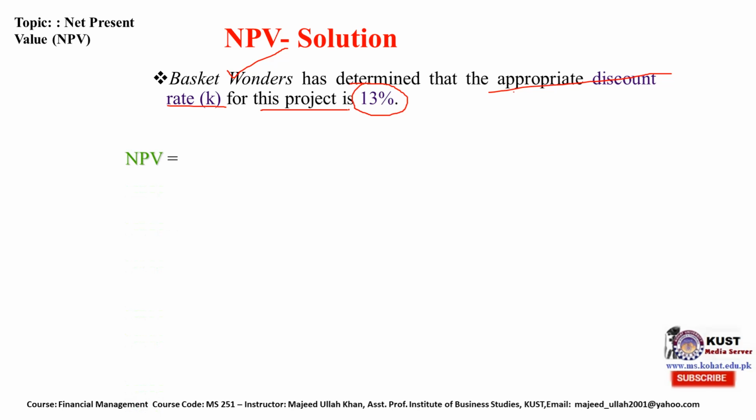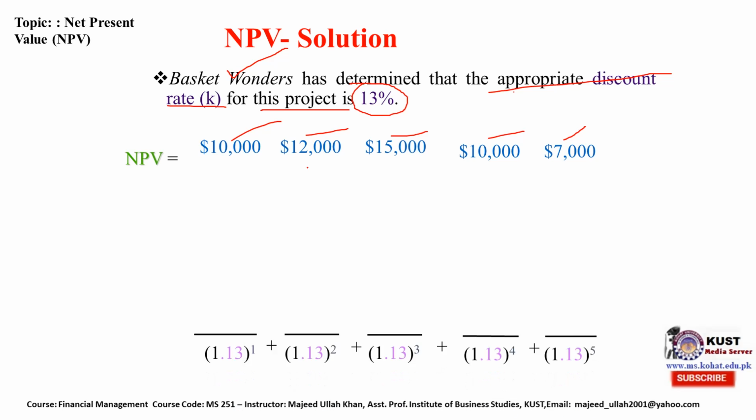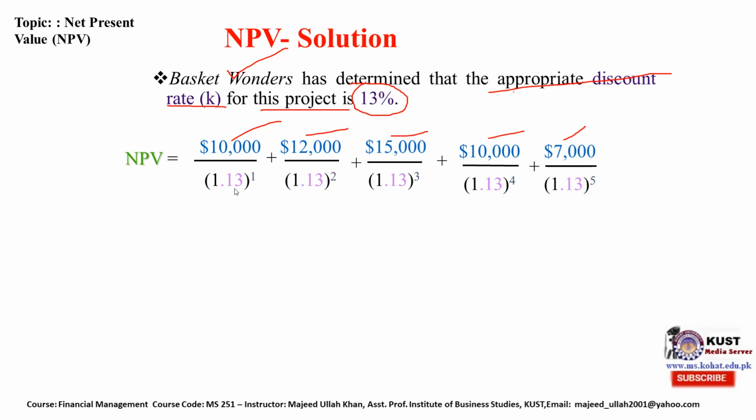So NPV is equal to all future cash flow for all 5 years: 10,000, 12,000, 15,000, 10,000 again, 7,000. These are cash flows for all 5 years. Now we will discount them at the rate of 13%. So discounted as 1.13 raised to the power 1, 1.13 raised to the power 2, that is the present value formula discussed in the very first lecture before the lockdown in the campus.